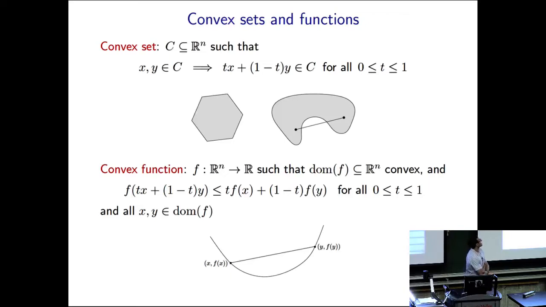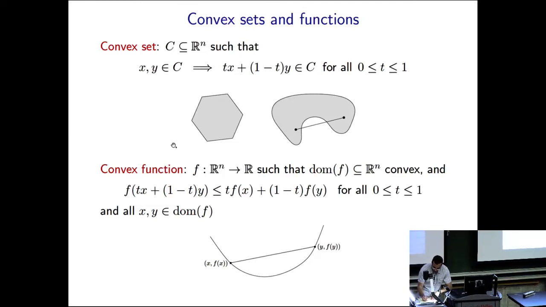So, convex sets. A set, let's call it C, in R^n, this n-dimensional Euclidean space, we call convex if it has the following property. If I take any two points from the set, x and y, and I take the line segment that joins those two points, so that's tx plus (1 minus t)y, as I let t vary between 0 and 1, that whole thing has to be contained in the set C. So this polyhedron that I drew is convex.